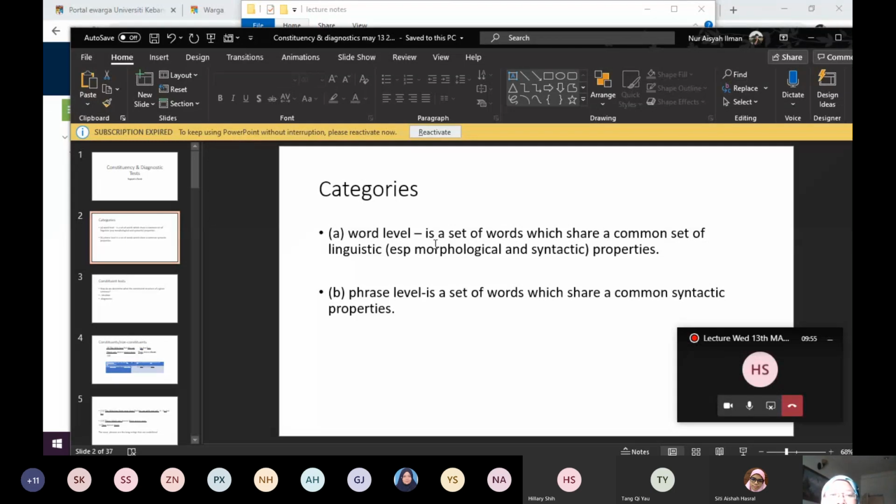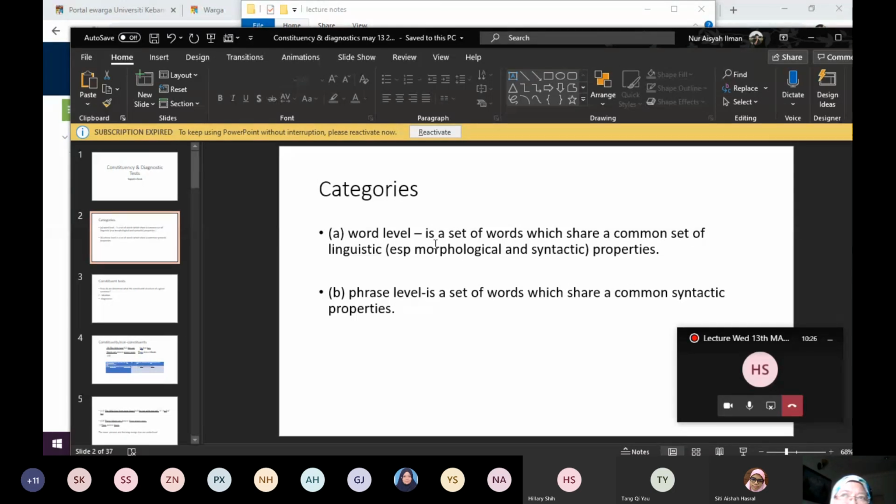So later we will see that words in the grammar have morphological properties. So for example, nouns can have numbers, which is singular or plural. Pronouns, for example, have person. So you talk about first person, I, second person, you, third person, he, she, or they.